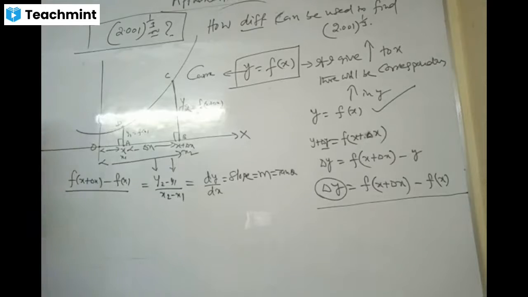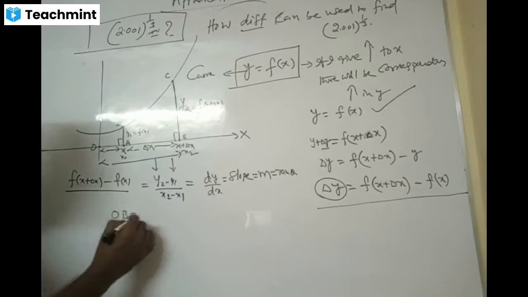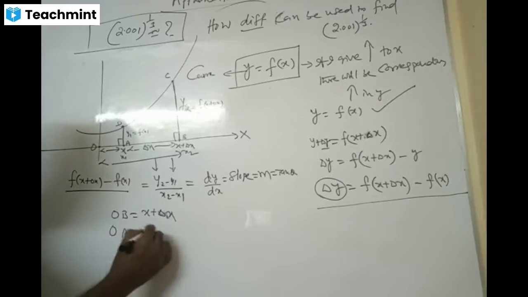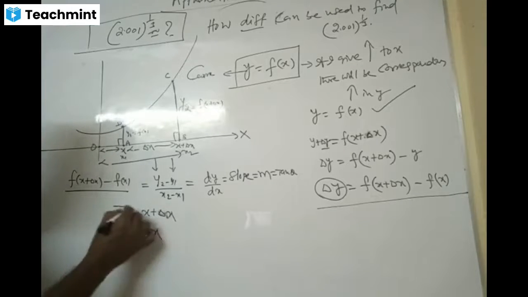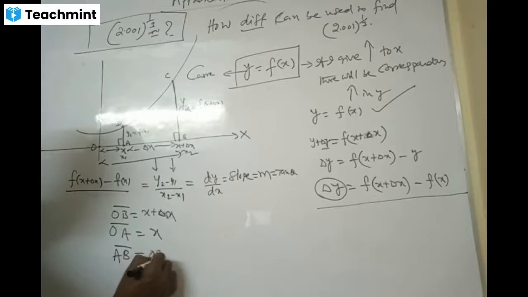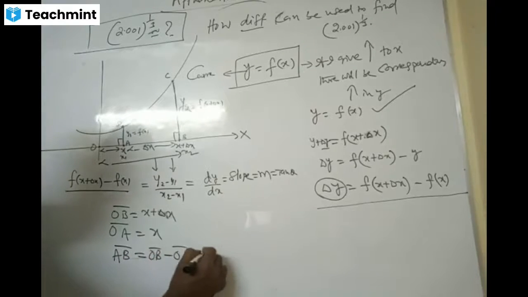OB is equal to x plus delta x. OA is nothing but x. So what is AB? AB is nothing but OB minus OA. I hope you got it now, right? That's called delta x. Yes, that is called delta x.